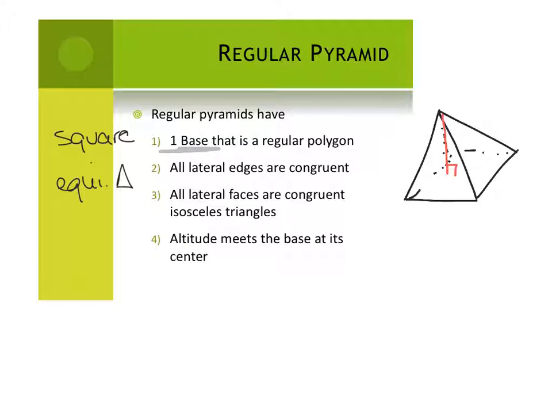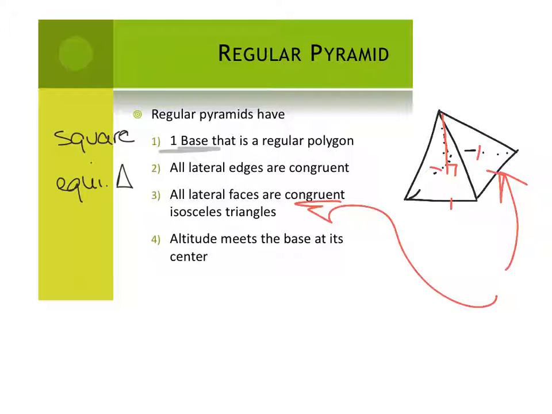So if I said this was a square pyramid, we would know that all of our lateral faces here would be congruent isosceles triangles. Okay, and then down here, the base would be a square. So this would be a square pyramid.